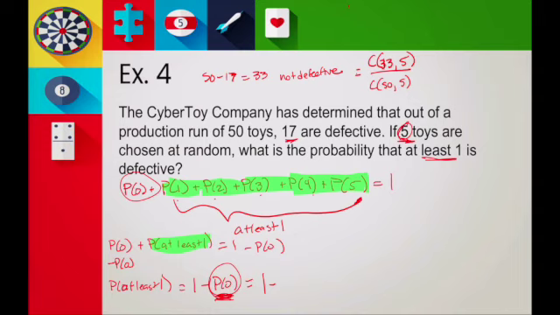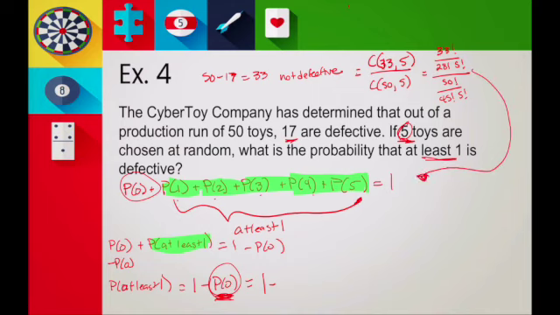And so we can use our combination formulas here. This is going to be 33 factorial over 33 minus 5, which is 28 factorial, 5 factorial. And this is going to be over 50 factorial over 45 factorial, 5 factorial.